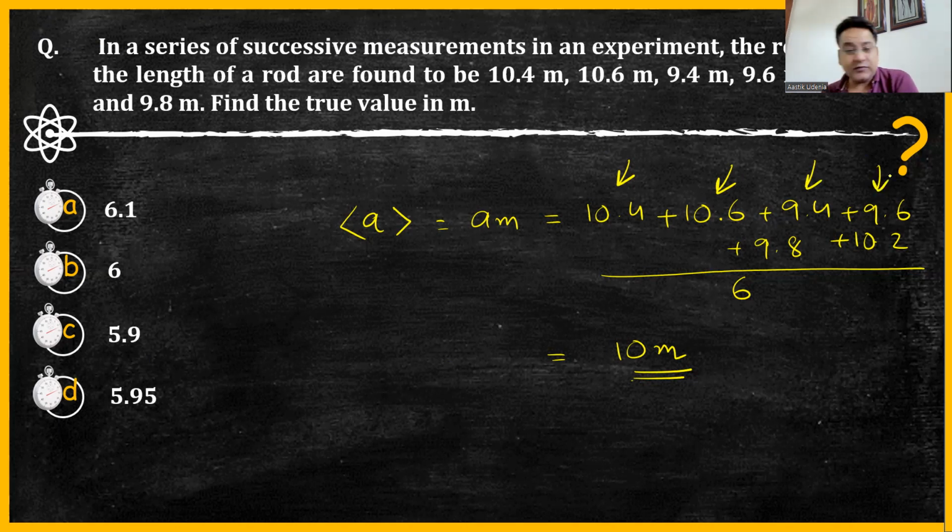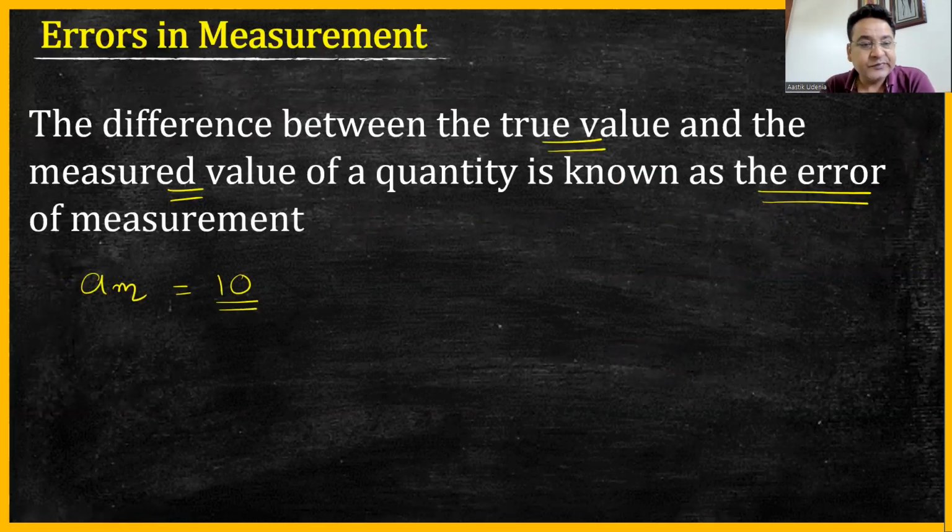In the fourth case, it was 0.4, but it was also less than the value. Do you understand this? Yes, sir. This difference between the true value and the measured value is known as your error. Do we understand this? Yes, sir. Everyone understands this? Shall we move ahead?